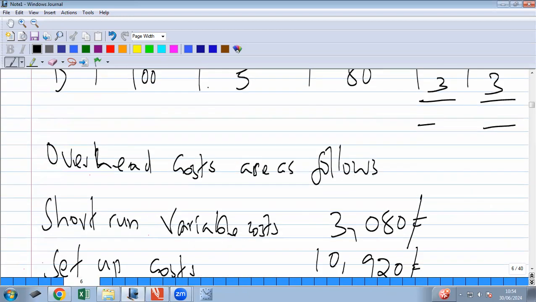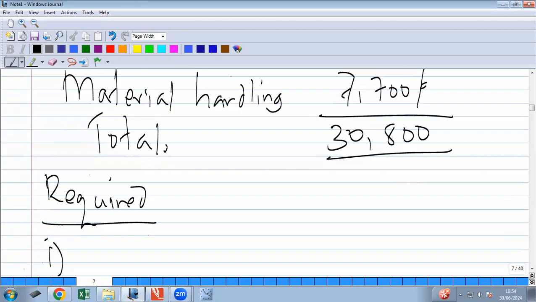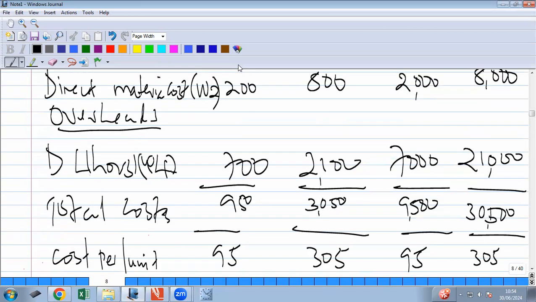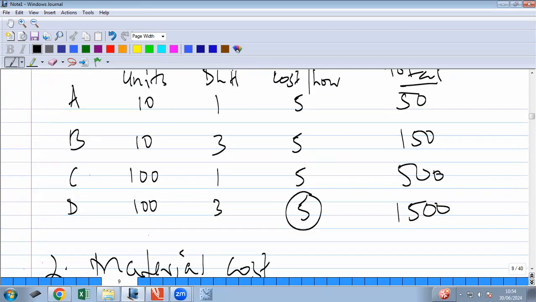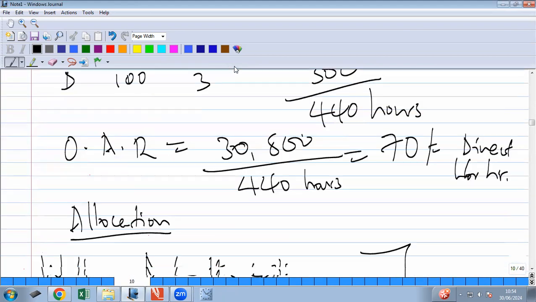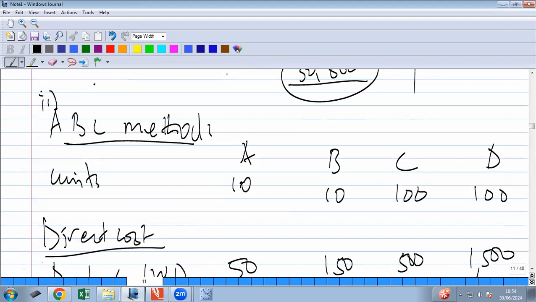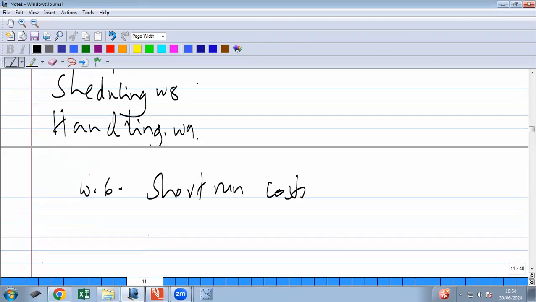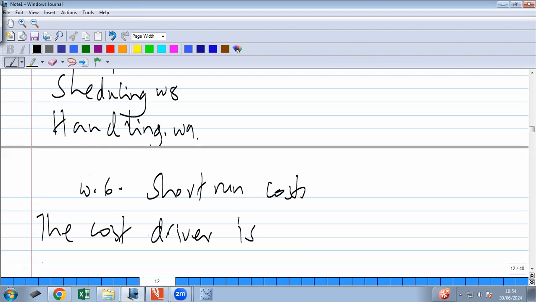All right, so we shall say under this, number 1, you tell the examiner what's the cost driver. For this short run, you tell the examiner that the cost driver is, which one are we taking?